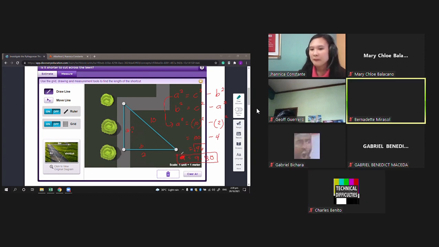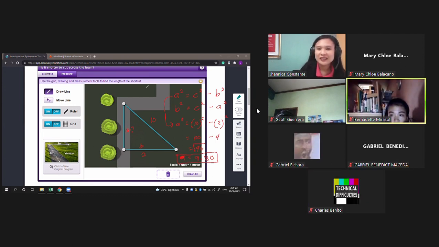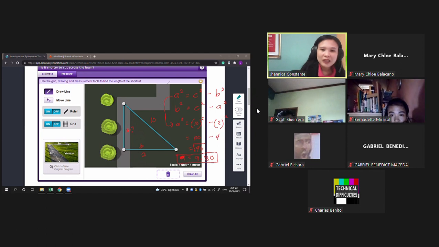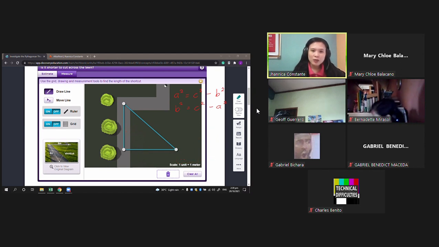Another example, we're going to find the measurement of our side B. So let's use the formula that we have coming from the Pythagorean theorem. Let's say the measurement of our side A is 4 and the measurement of our hypotenuse is 6.